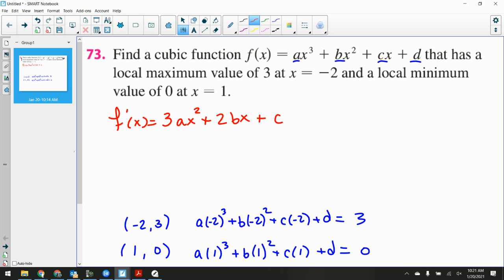I know that at -2, I can take this point here. At -2, this is going to equal 0, right? I can basically say -2, 0 is a solution on that. I can plug in -2 and it will give me 0. So that means that I have 3a times -2 squared plus 2b times -2 plus c is equal to 0.